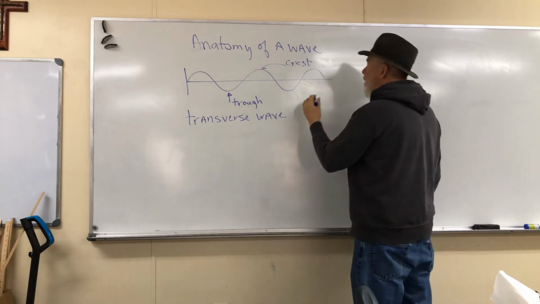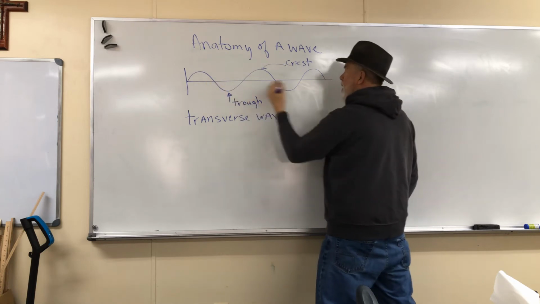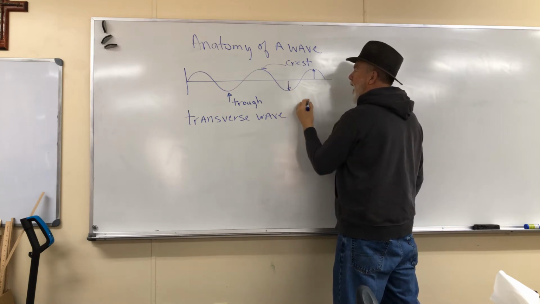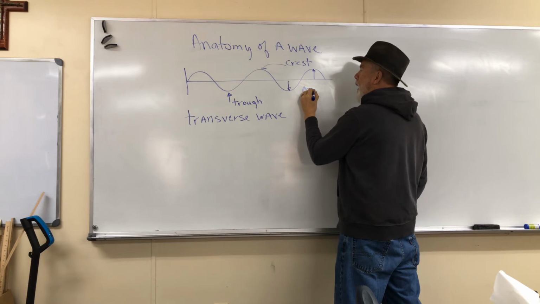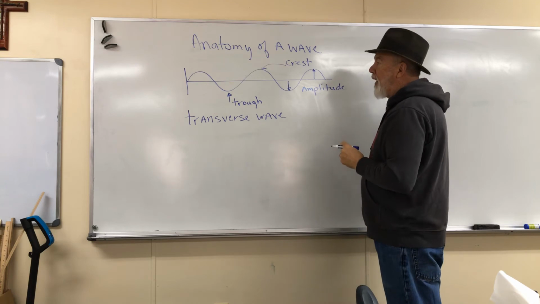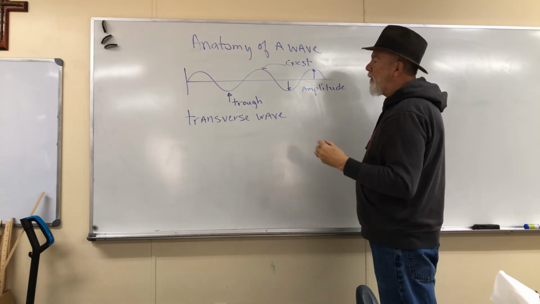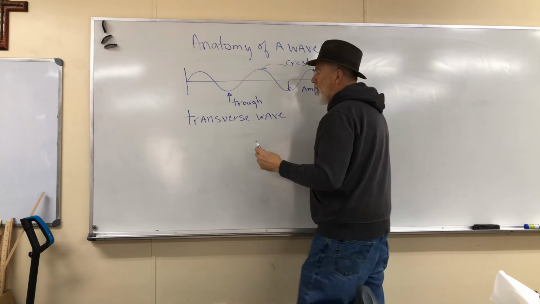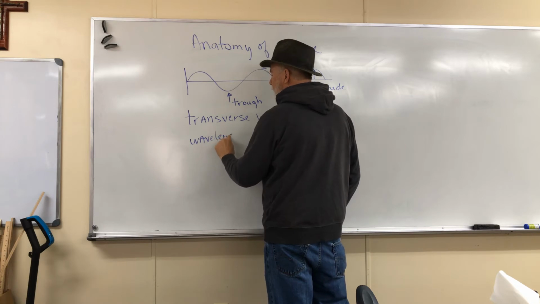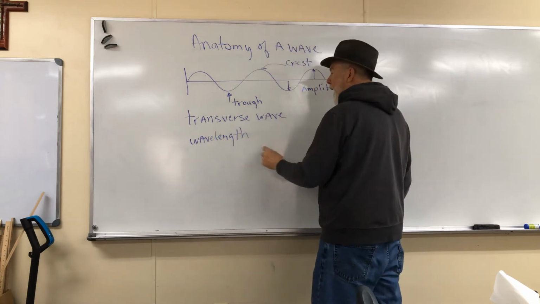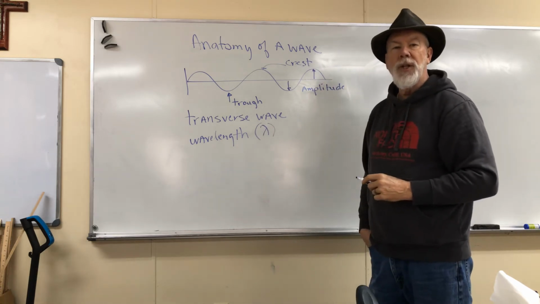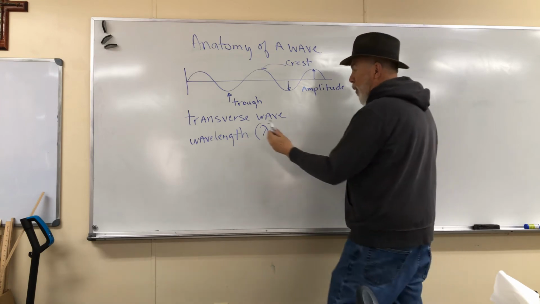The distance from this midline to the highest point or to the lowest point, like that, is called the amplitude. And then, this is a special definition that I want you to write down, the term wavelength, which actually has a symbol, which is the upside down Y, a Greek symbol lambda, that represents wavelength.